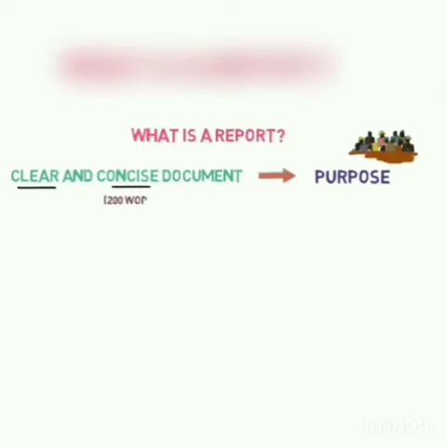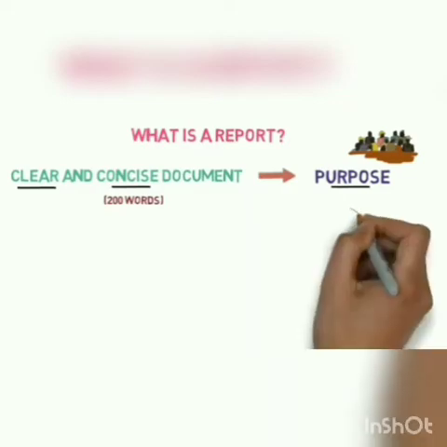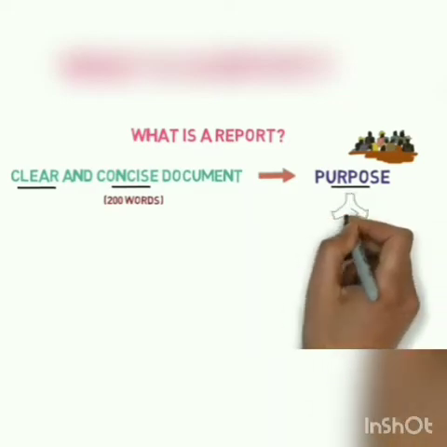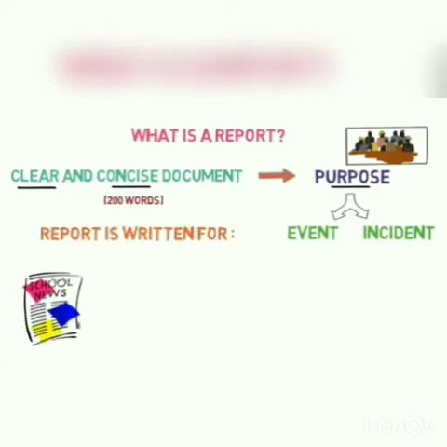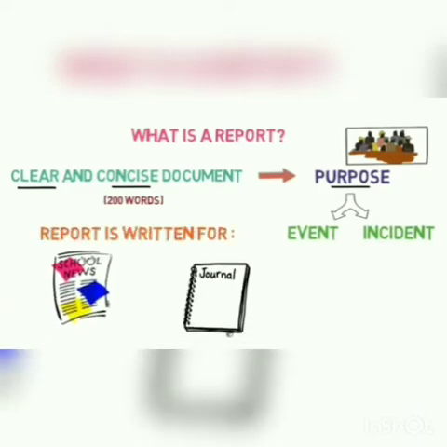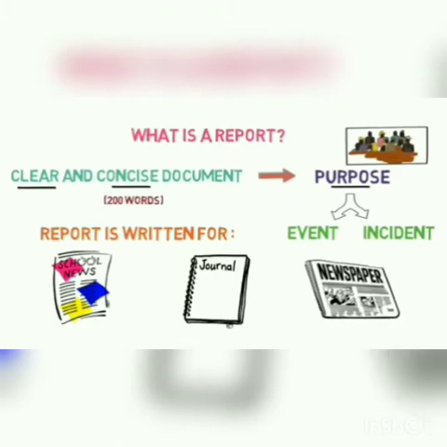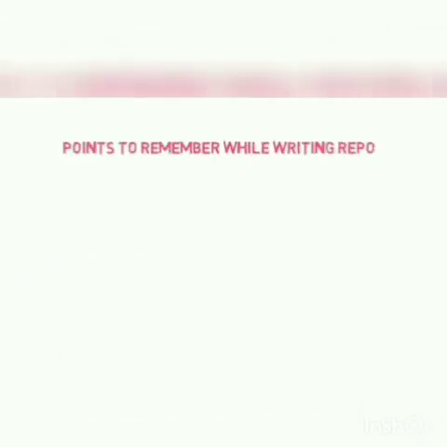Now we are talking about the report that you can write in the school magazine or in any magazines. The word limit is 200 words, and the purpose is to make them know about the event or incident. The report is written for school magazines, for journals, and for newspapers. You have two categories: reports for magazines and for newspapers.